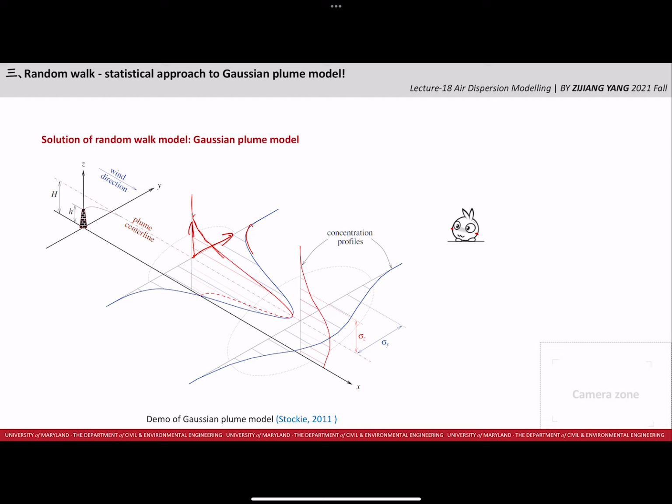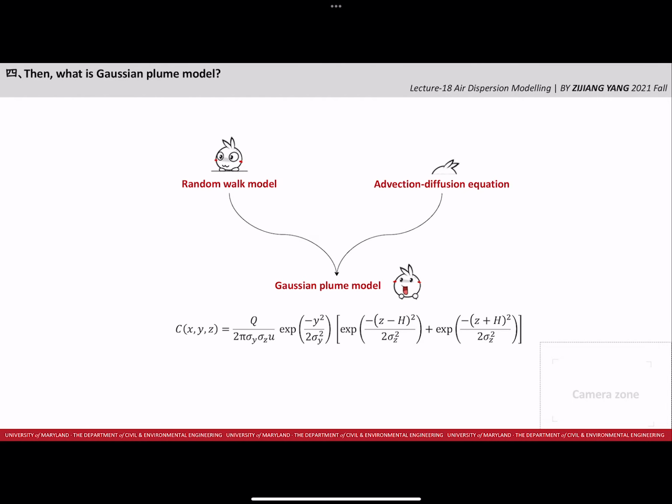And because when the distance gets further the average concentration decreases, this normal distribution will become flatter. I personally think this approach is easier to understand than the previous one. So it will be something like this.